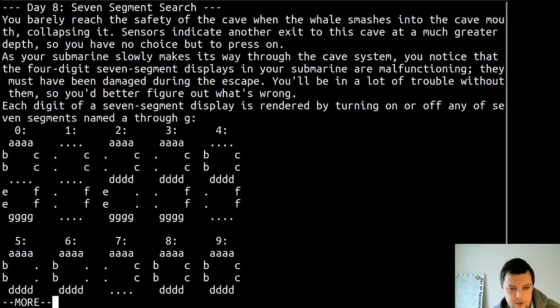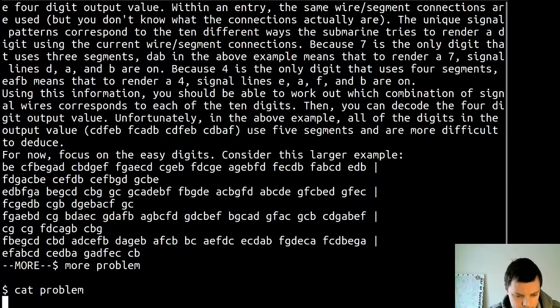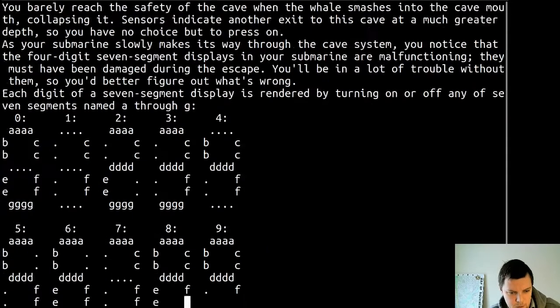Oh, we can have 0. 0 is a possible input. 0 has 6 segments set. So set in 0, we've got A, B, C, E, F, G. Set in 1, we've got C, F. For some reason Control S wasn't working on more.